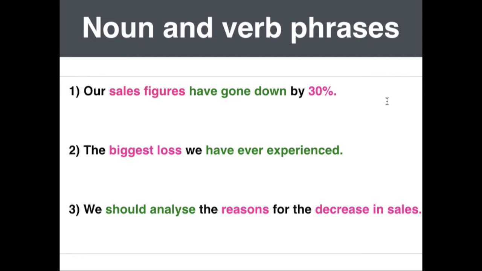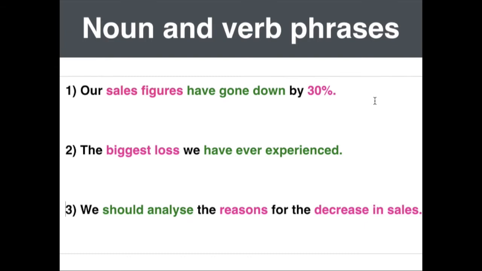In the second sentence, biggest loss is a noun phrase, and have ever experienced is a verb phrase. In sentence 3, should analyse is a verb phrase in green, and reasons and decrease in sales are noun phrases. Now, these 3 sentences are all a little long, so let's try to shorten them.